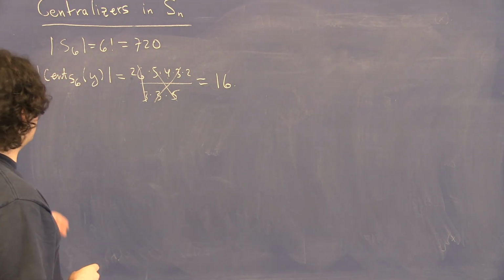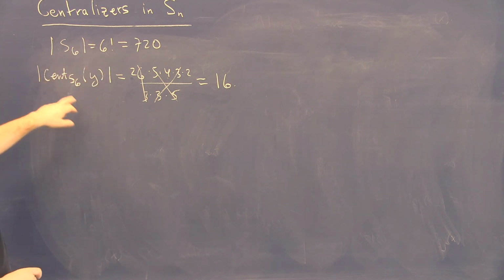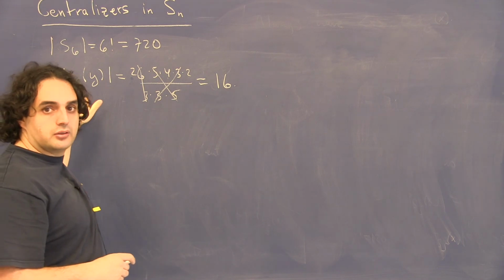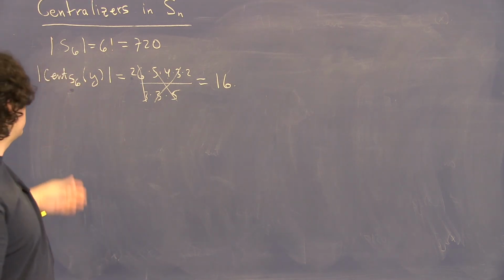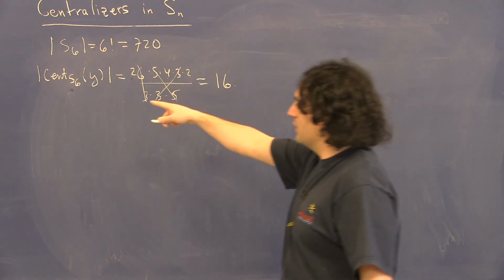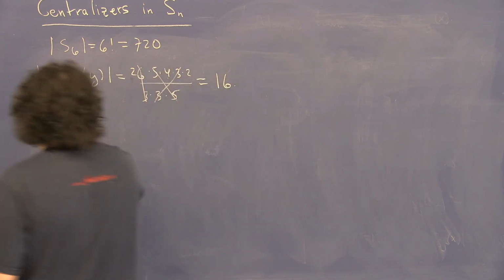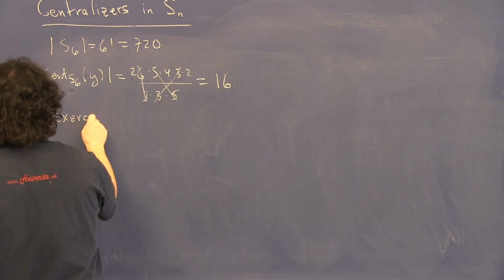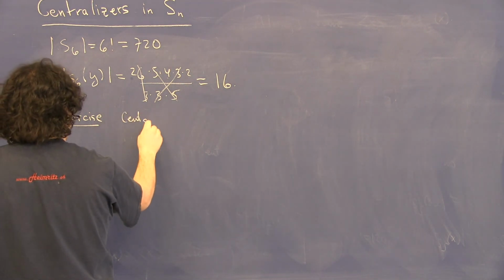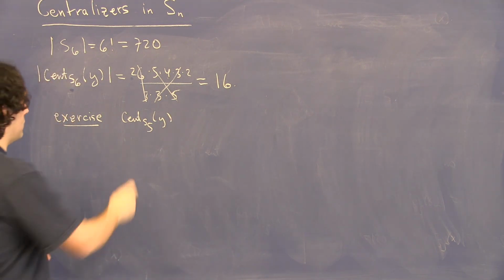I want to add another word of caution. You might ask yourself, why am I being so pedantic and writing these subscripts S6 everywhere? In fact, much of the time we sort of drop these. But one reason to do this is that you can work out for yourself that if I look at the centralizer in S5 of y, this does not have the same order.